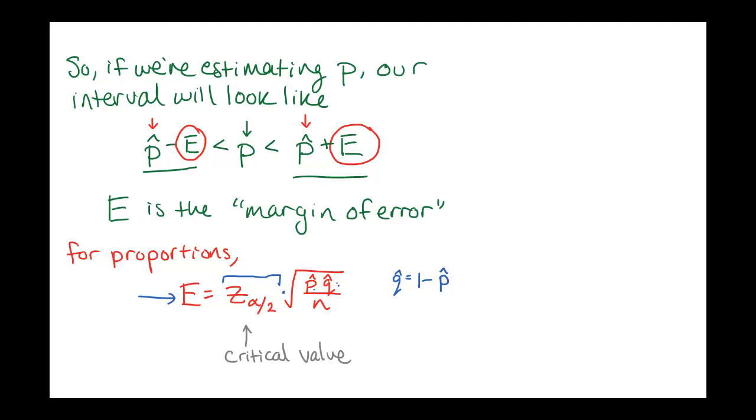So we have p hat times q hat over n, right? Again, that n was the size of the sample, and then a square root. This really represents a standard deviation of our samples. So this is coming from a binomial distribution. So the idea here is that our critical number times this standard deviation is giving us how much of a range of error we should have.